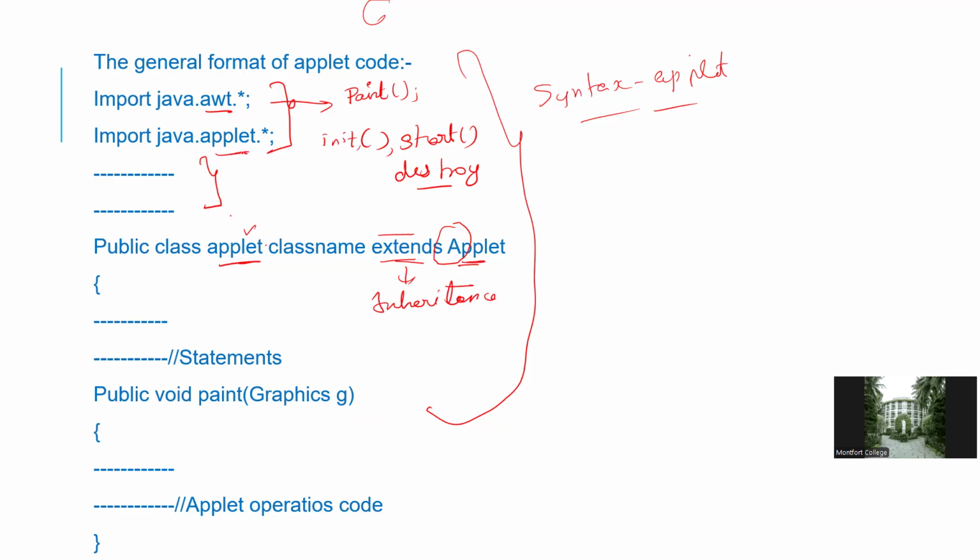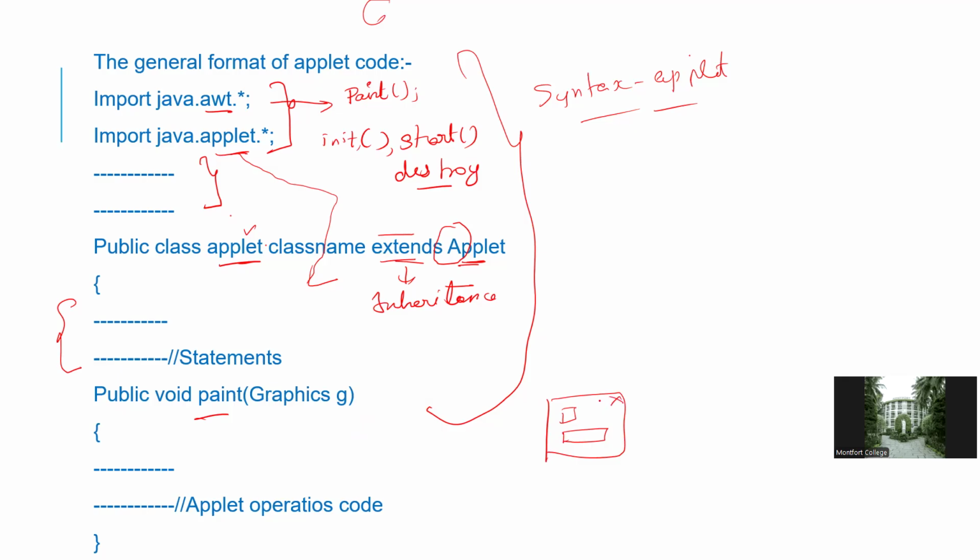That is the meaning. Here we will have some statements which belong to that particular program, and here we have the paint method to draw the components on the applet window.